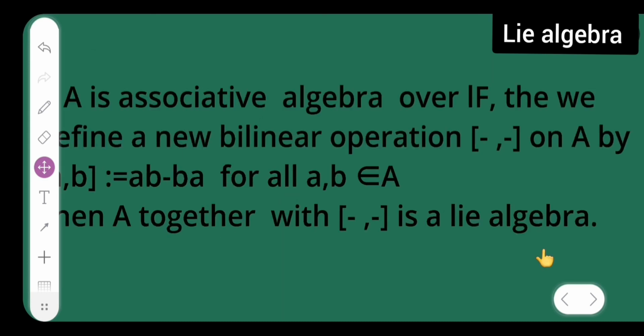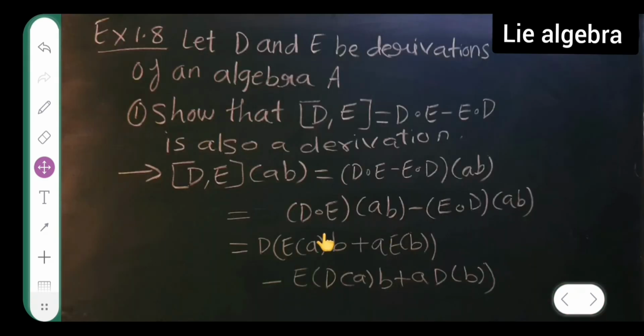And I will get D composite E: D I'll take outside, and it is E of AB. Now what is E of AB? If I apply the derivation rule, I will get D of E(A) B plus A E(B), minus E of D(A) B plus A D(B).